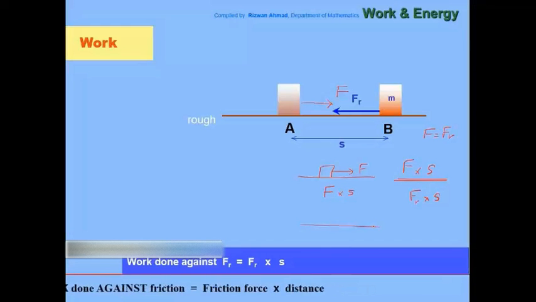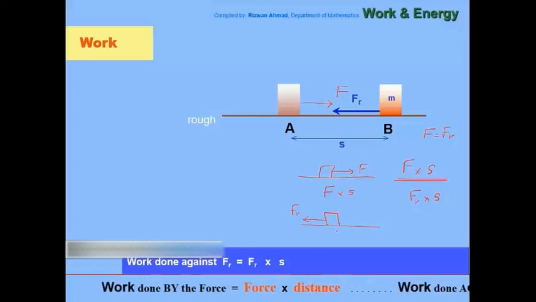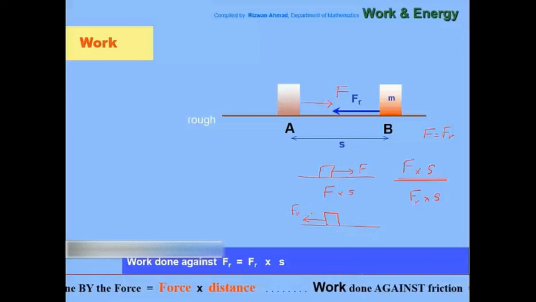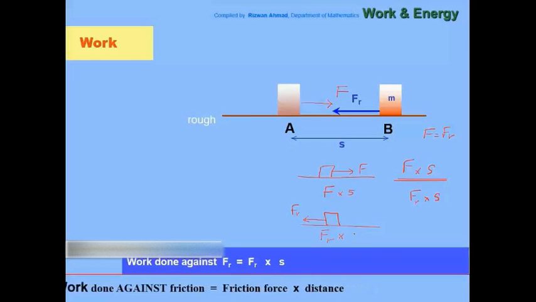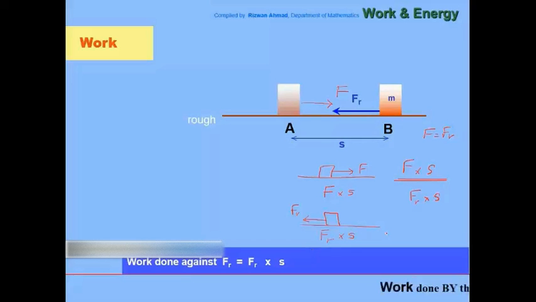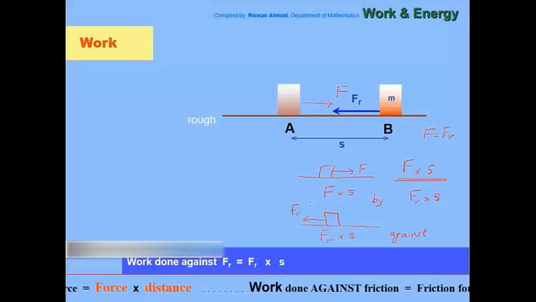Then in this case, we have a force which is resisting the motion, a resistive force. So we are finding the work done by some force against this friction. We will not consider the other force; we will only take this force times the distance moved. And this will be against that force Fr, and by that force F. Is it clear?